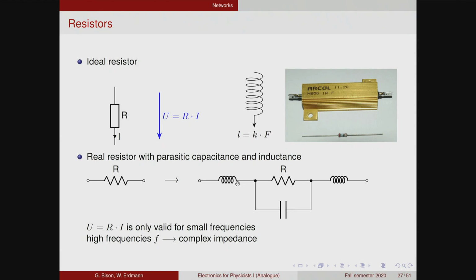And so in order to model this in circuit analysis, we have to add these additional components if it's interesting for this particular case. And then the resistor becomes all this, as we call, parasitic properties as well. So this would be a parasitic capacitance, and this would be a parasitic inductance.